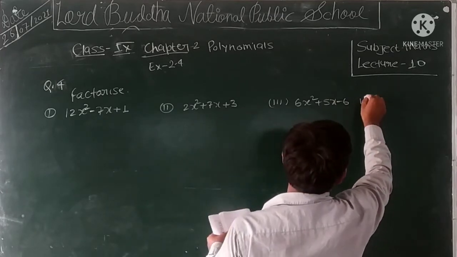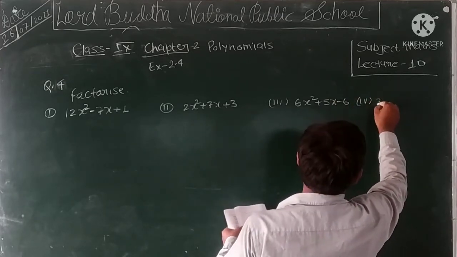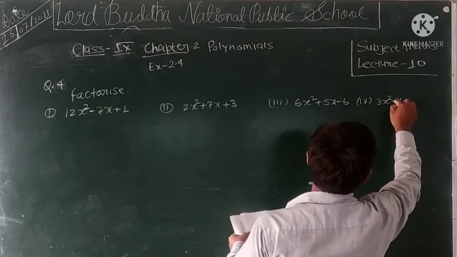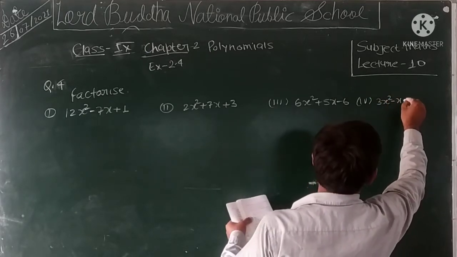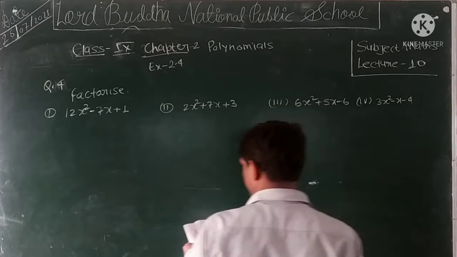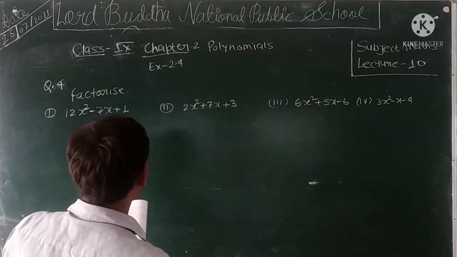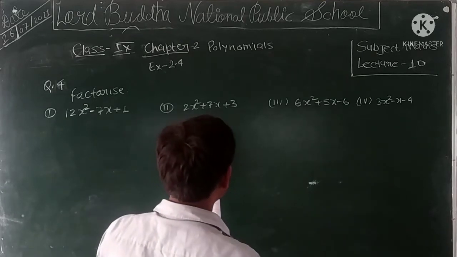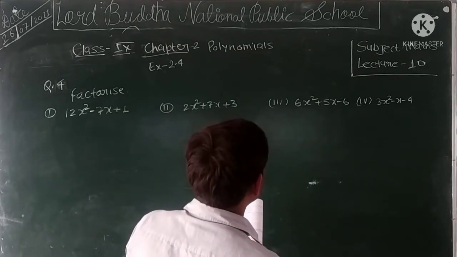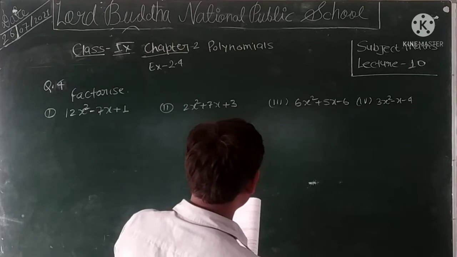And the fourth part is 3x square minus 3x minus 4. Okay? Once again, the question: 12x square minus 7x plus 1, 2x square plus 7x plus 3, 6x square plus 5x minus 6, and 3x square minus x minus 4.